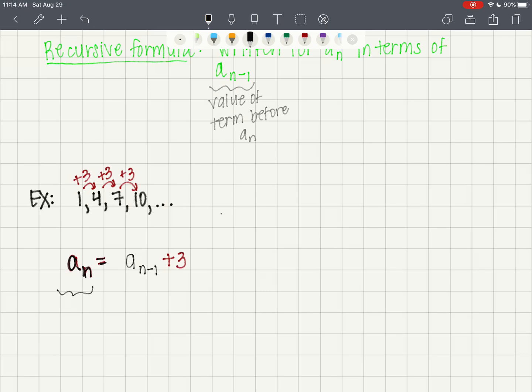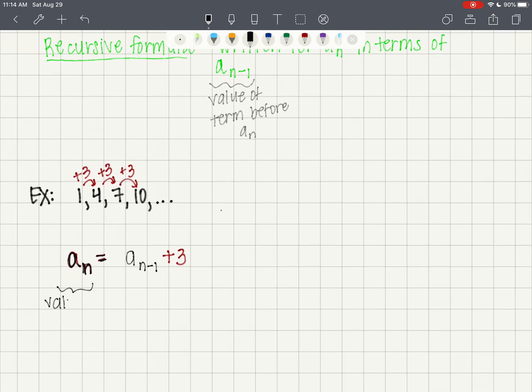And if you can write this down, if you know the language and what this means: the value of the nth term equals the value of its previous term, that's what n minus 1 in that subnotation means, and then plus 3.